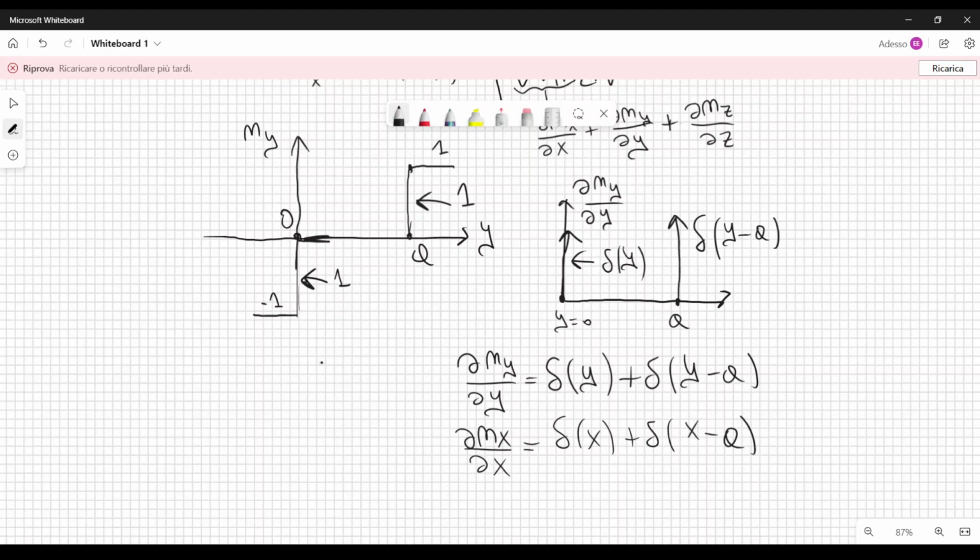And similarly for the derivative of nz with respect to z, it will be delta of z plus delta of z minus a.